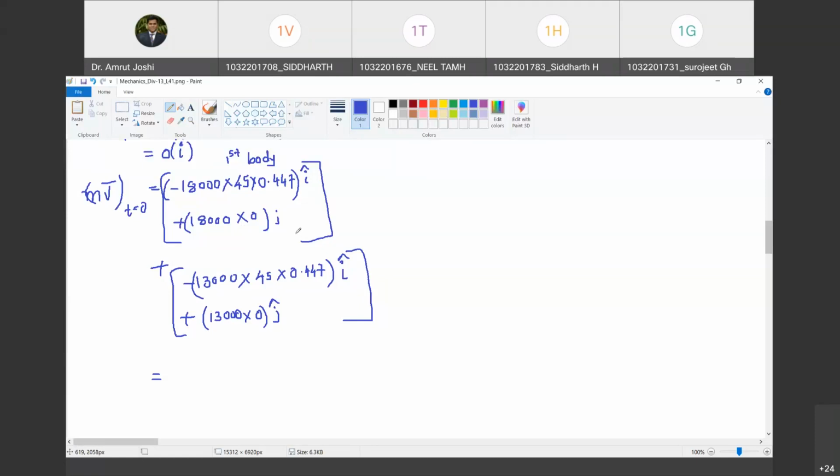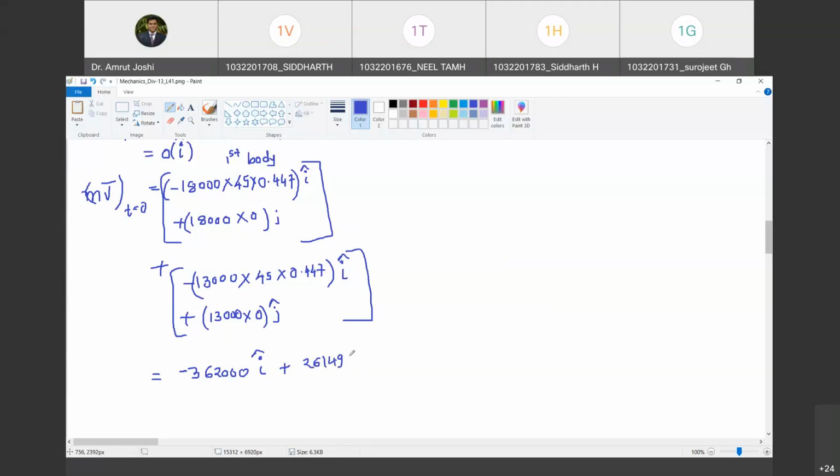Let me also calculate for you. So it is 18,000 multiplied by 45 multiplied by 0.447. So it is 362,000. Right? Yes. And the minus sign is sitting there, I cap, plus, instead of 18,000, I will now consider 13,000. So it is 261,495.